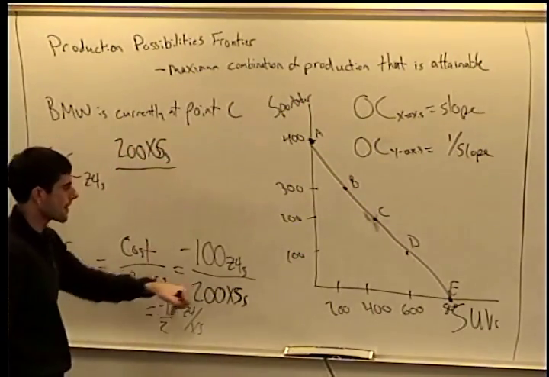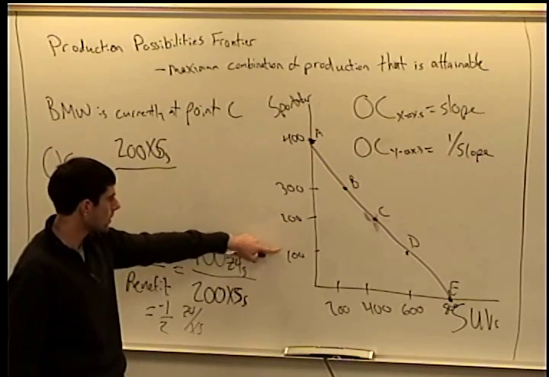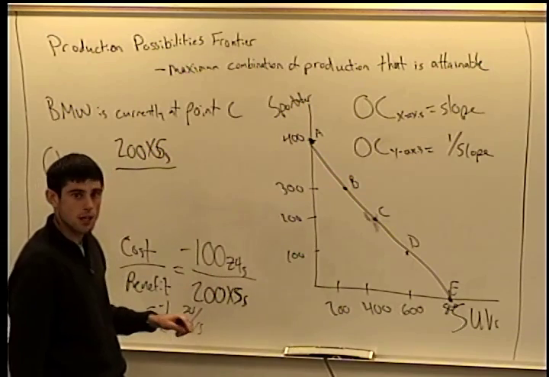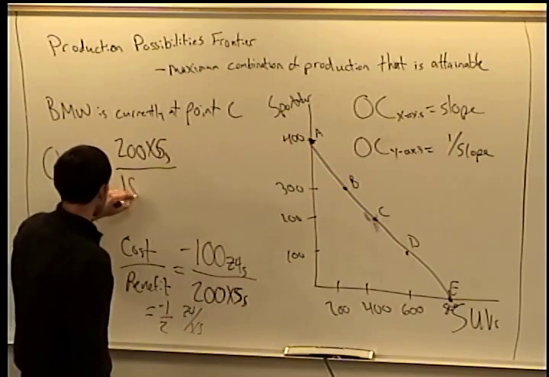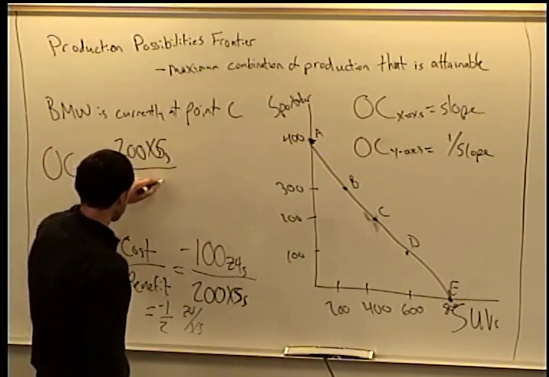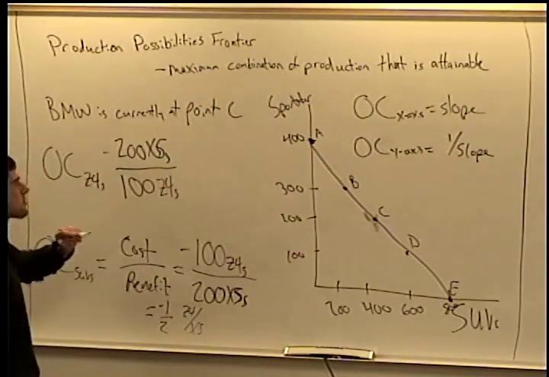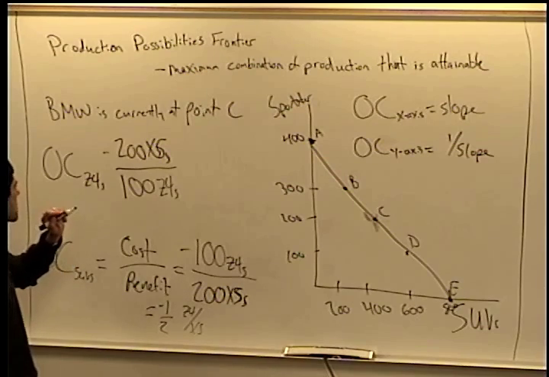And what did we gain? We went from 100 to 200 Sportsters. So BMW is producing 100 more Sportsters, or 100 Z4s. Okay, and we could put a minus there again if we needed.